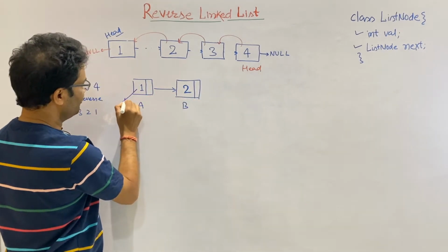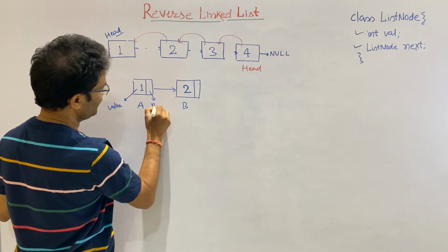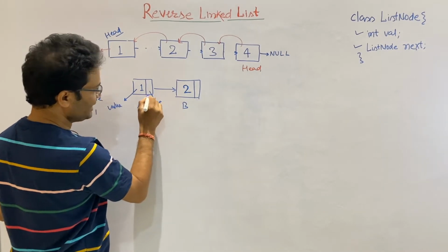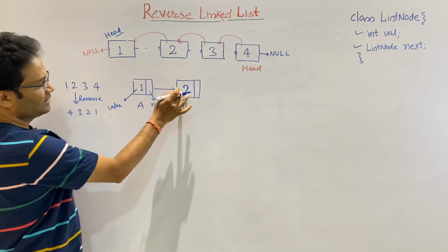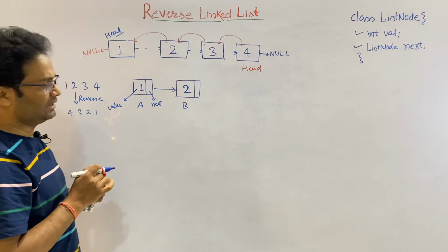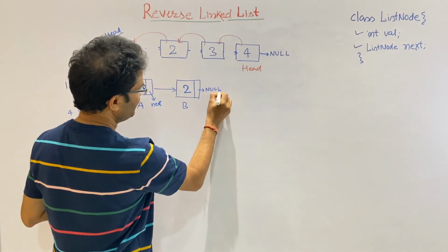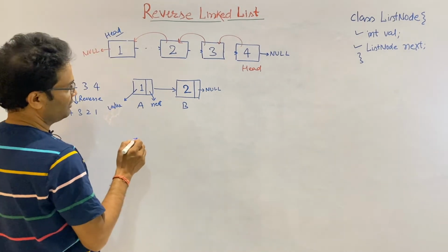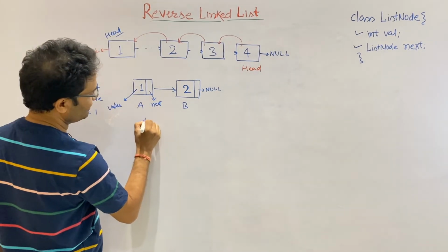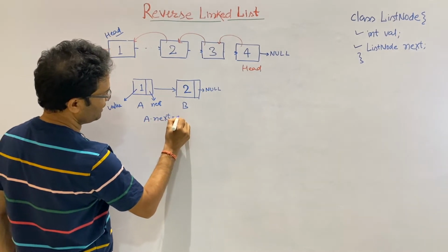So in this case, this is your value part and this is your next part, right? In the next part, here the value is equal to 1, but in next, the address of 2 is stored, and here in this address, this is the null, right? So how will you do that? It's very simple. Right now it is given A dot next is equal to B, right?